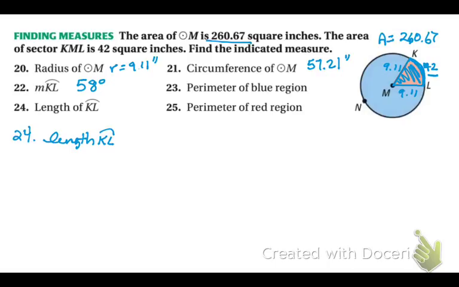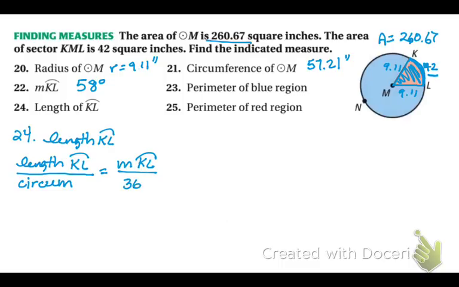that'll be in inches. So we look for our arc length corollary, which says that the length of KL over the circumference of the circle is equal to the measure of KL over the measure of the whole circle, which is 360.